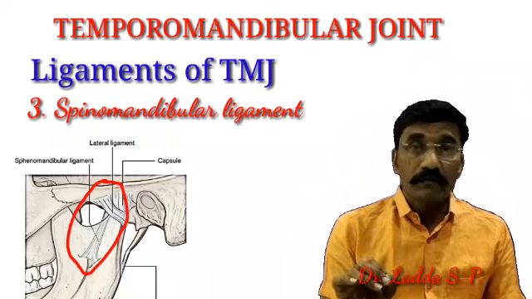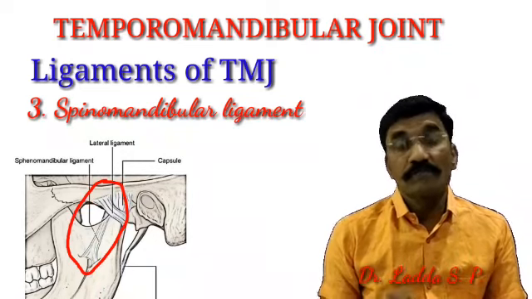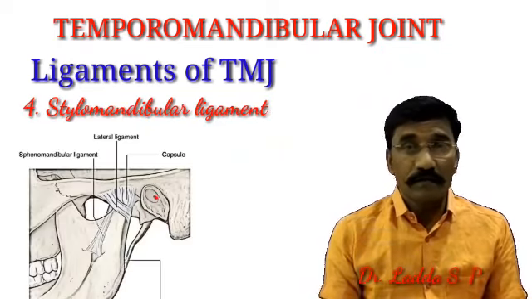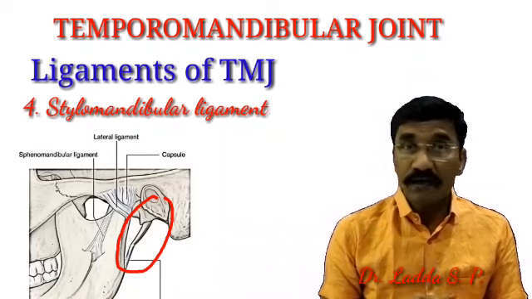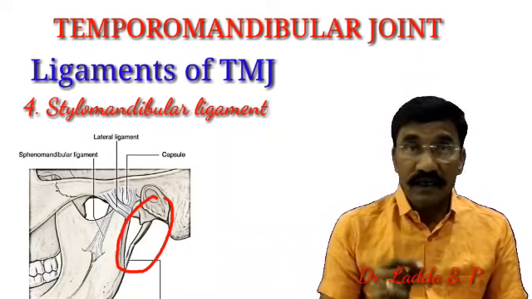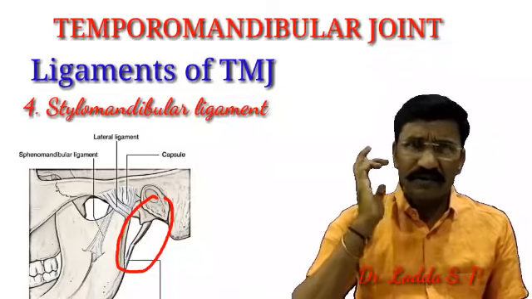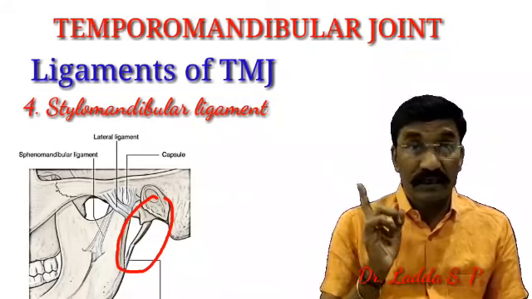And the fourth ligament of the temporomandibular joint is the stylomandibular ligament. What does stylo mean? Styloid process, of the temporal bone. There are two processes, one is the mastoid and one is the styloid process.